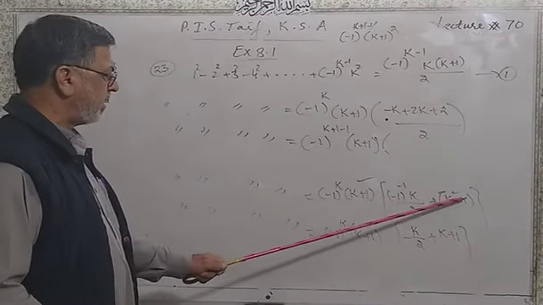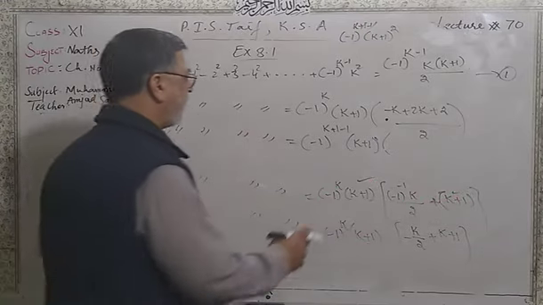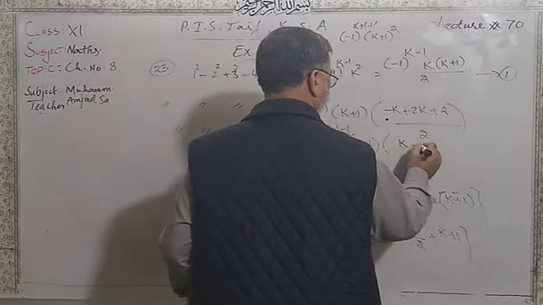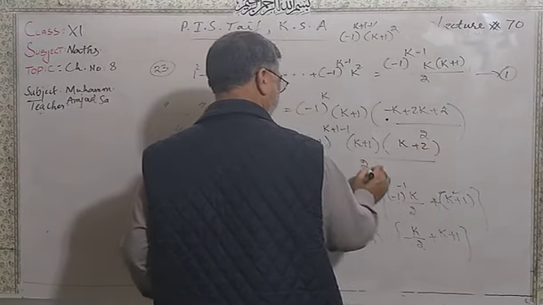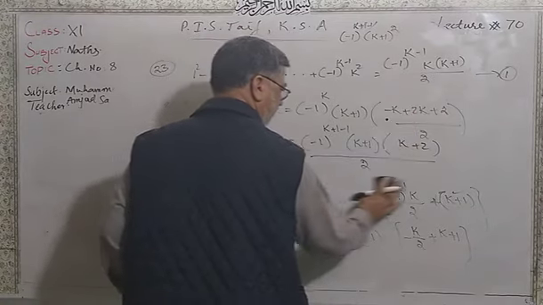It was (k+1)², we have taken k+1 common and one k+1 is left inside. So here we have (k+2)/2. 2k minus k is k.